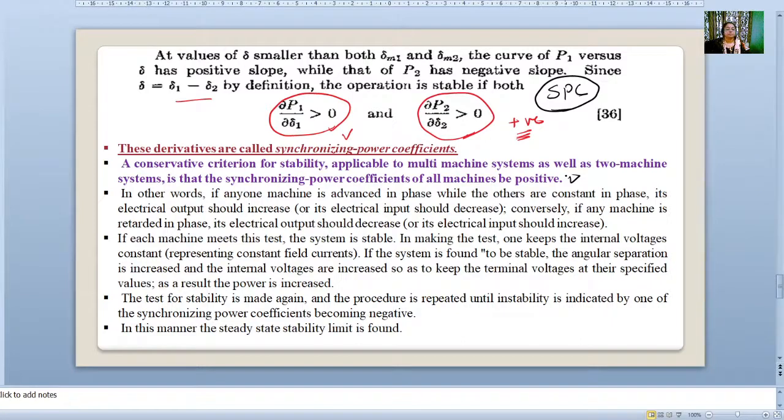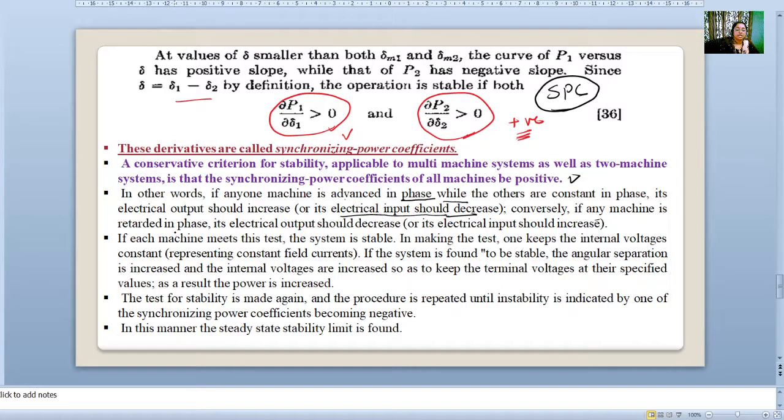That's it. In other words, if any one machine advances in phase while the others are constant in phase, its electrical input should decrease.